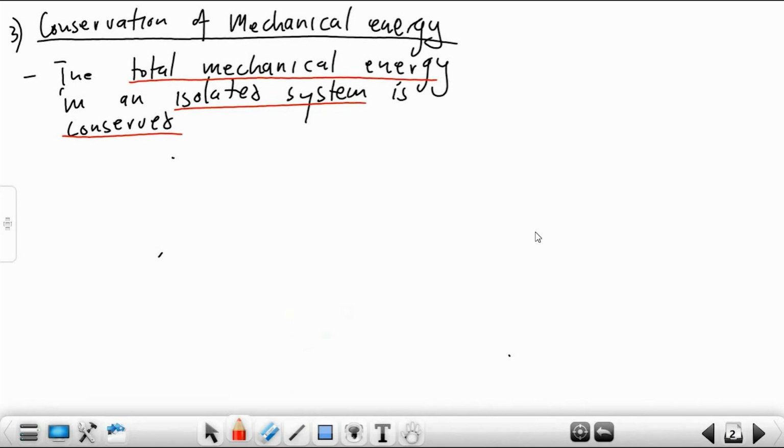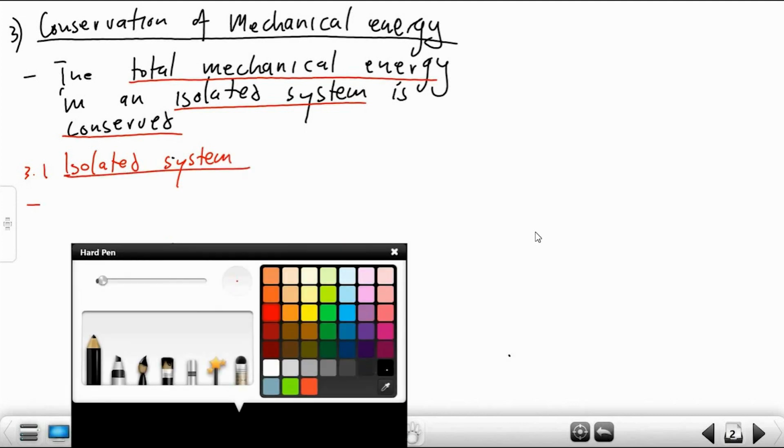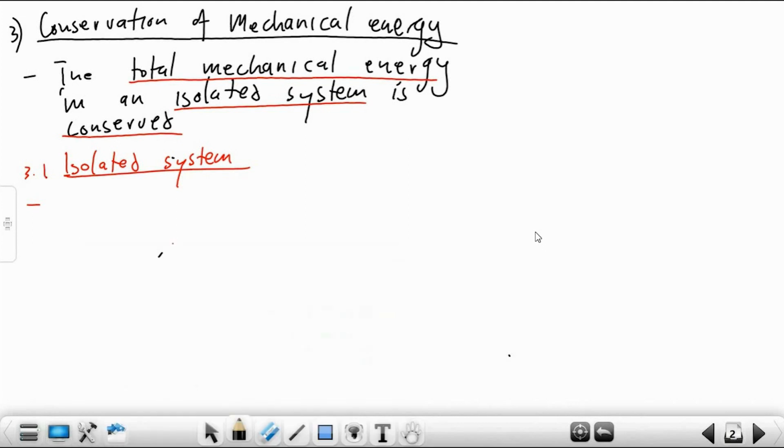So let's break it down in simple terms. At 3.1, we have now the isolated system. What is this isolated system? The isolated system is a system in which the net resultant external force is equal to 0, or a system in which there are no external forces.